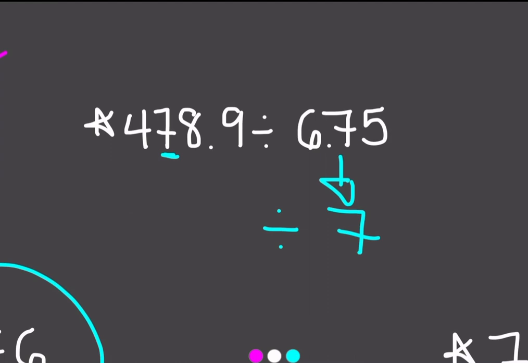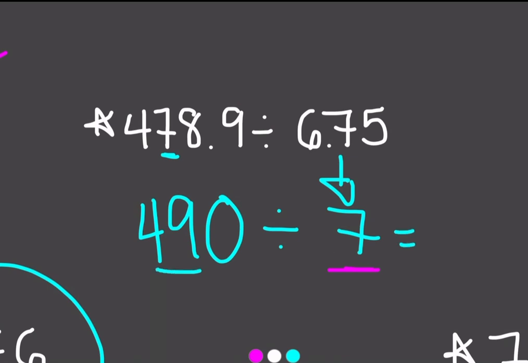Well, 7, 14, 21, 28, 35, 42, 49. Oh, I can use 49 because 478 is pretty close to 490, and that's compatible with that 7. So if I actually did 490 divided by 7, 49 divided by 7 is 7, and I have a 0 I need to put there at the end.